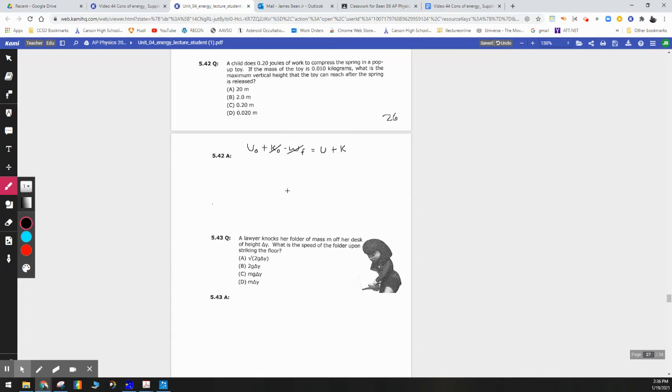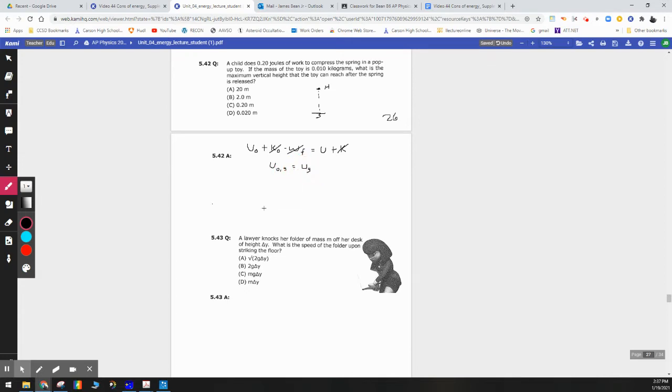When it reaches a maximum vertical height, remember here's the spring, it's released and it shoots up in the air. When it reaches maximum height h right here, velocity is 0, so there is no kinetic energy at the end. Essentially the initial potential energy of the spring has to equal the final gravitational potential energy.